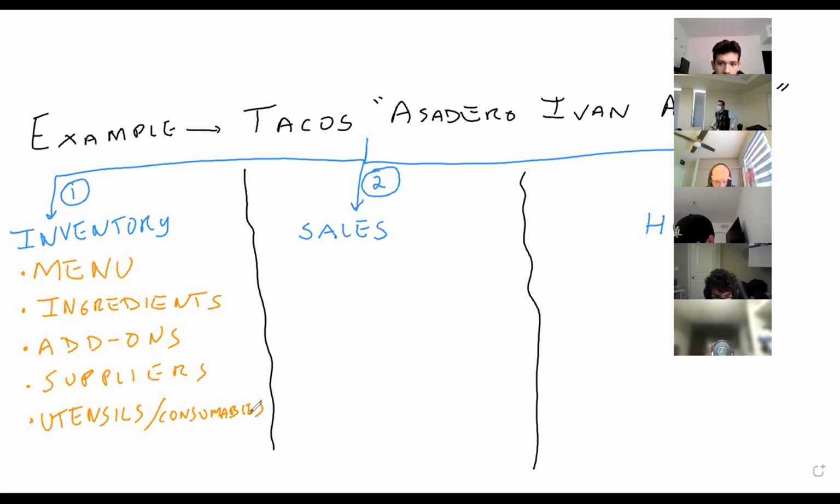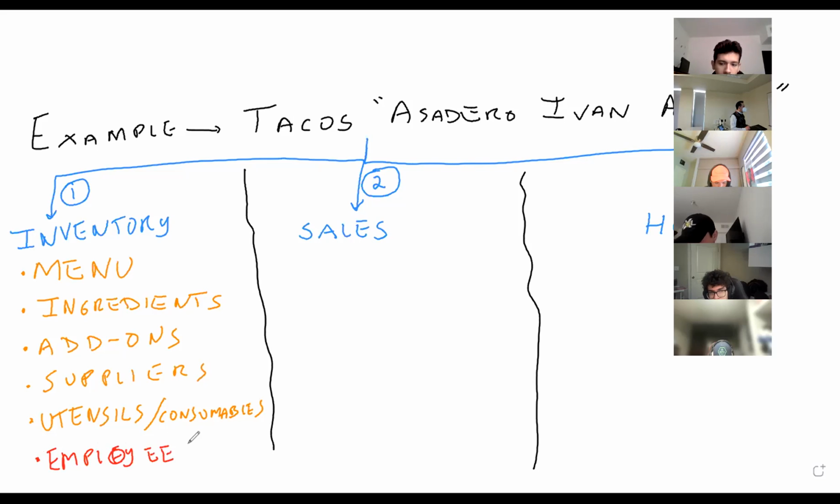Are we good up to this point in identifying entities? I'm going to ask a question here, and I'm going to put it in red. Are the employees an entity here?